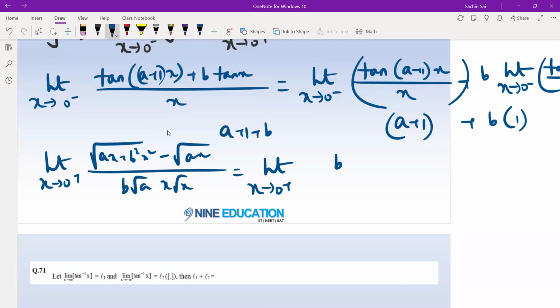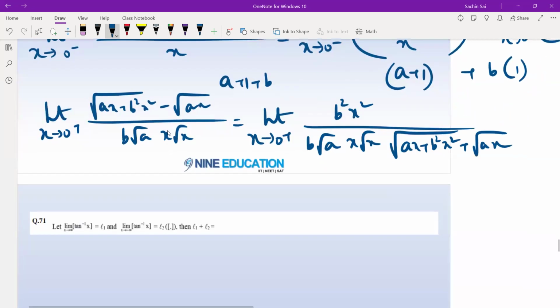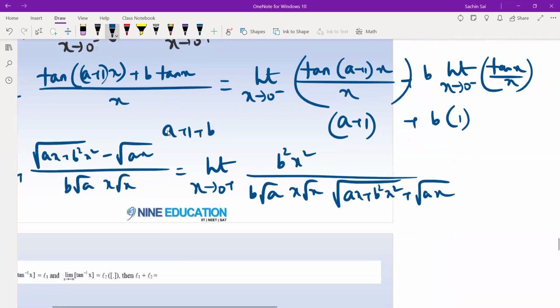We get b square x square. And in the denominator, you have b root a times x root x times (root of (ax plus b square x square) plus root ax). So this is the rationalizing factor.